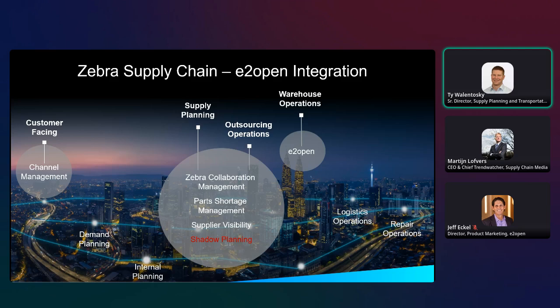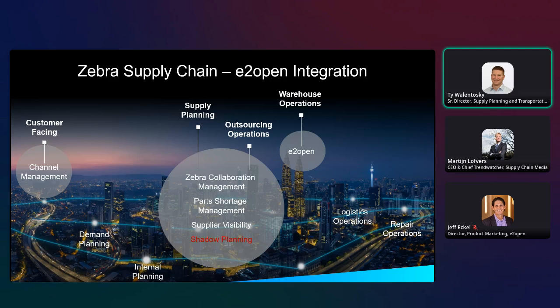Think about this as a ticket-based workflow process where our tier 1s can come into e2open and highlight specific components that they're seeing problems with.